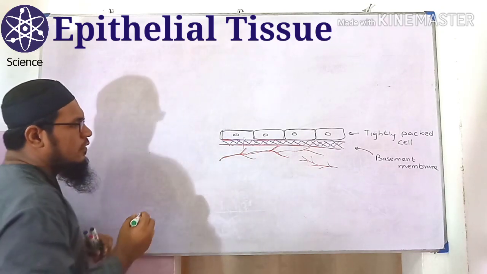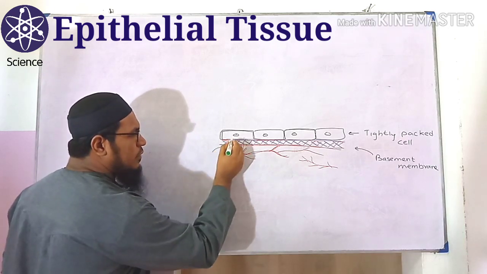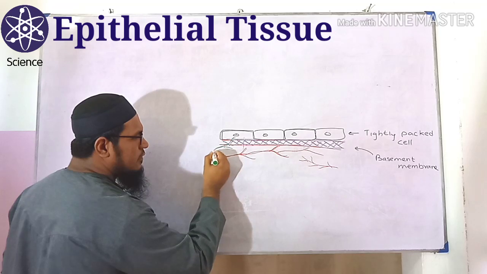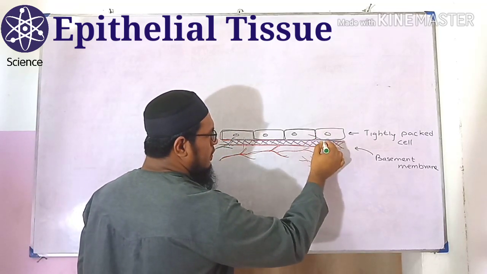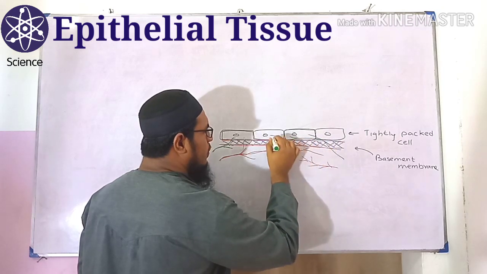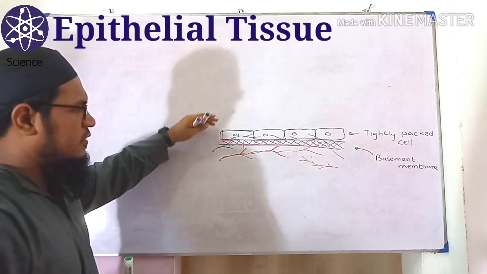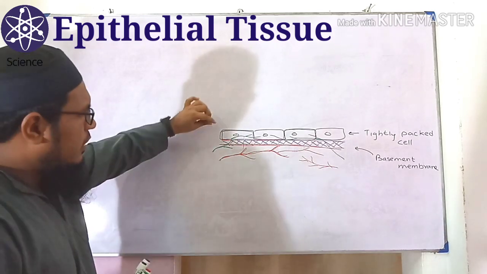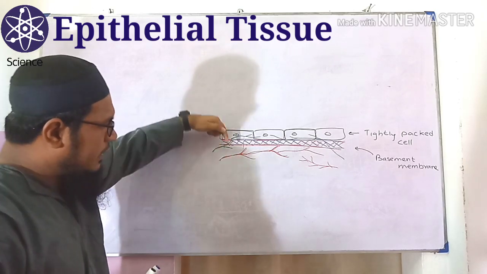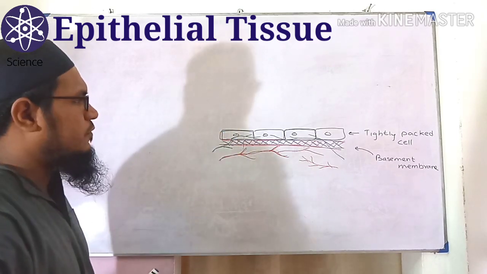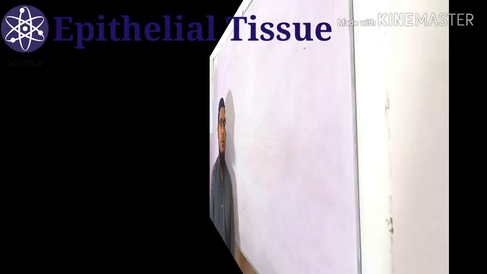And this epithelial tissue has a nerve supply, but blood supply is not present. Because nerve supply is present, if someone touches you, you can feel that, or if something pricks, you can feel that, but if you prick deeper, blood will start to ooze. So these are the basic features of epithelial tissue.